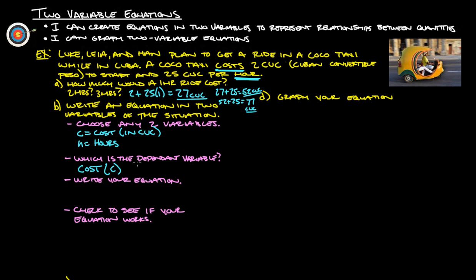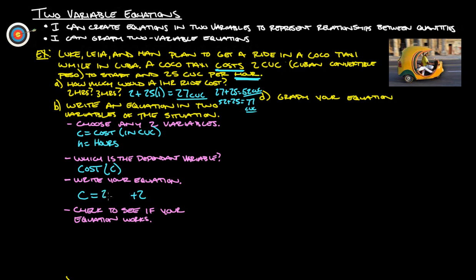Okay, so write your equation. Our dependent variable, if you'll remember from before, is usually what we put in the y spot. So what we want to do then is say C, the cost, is going to equal... and then we know that it's 2 CUC to start, just to get into the Coco taxi, and then it's 25 CUC per hour.